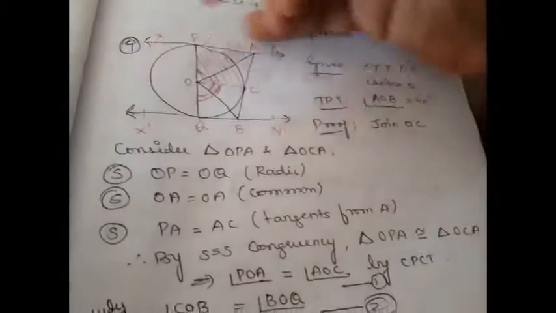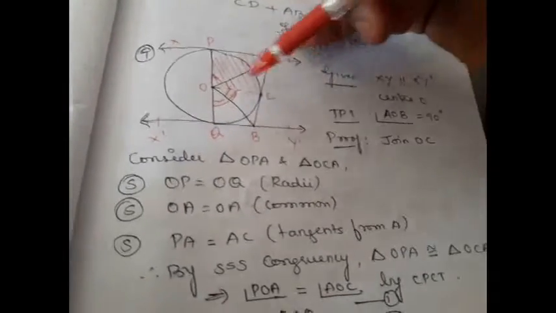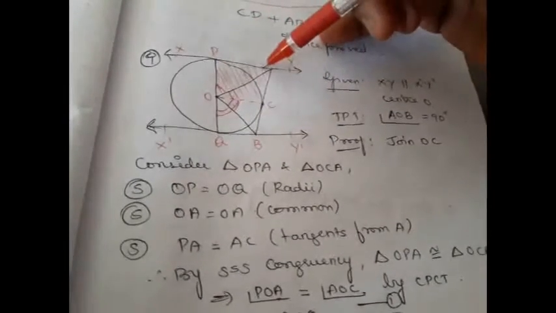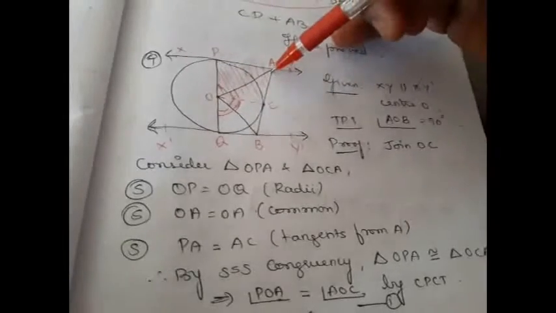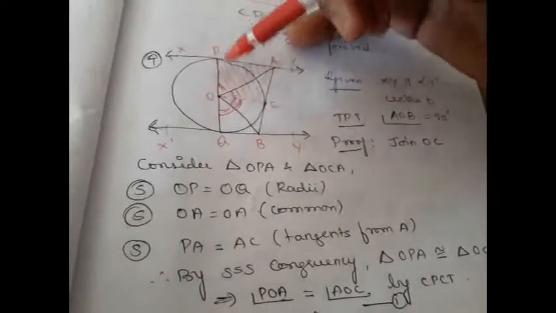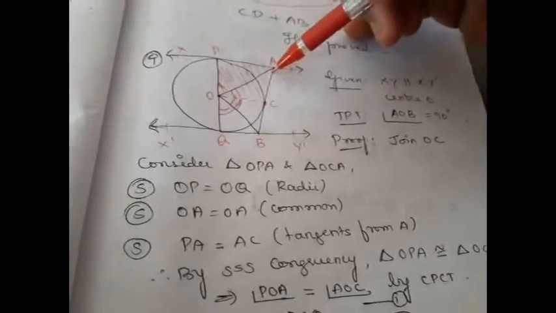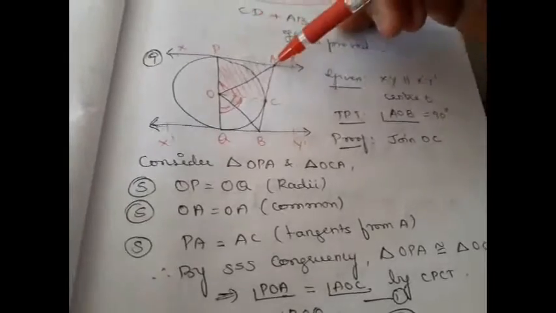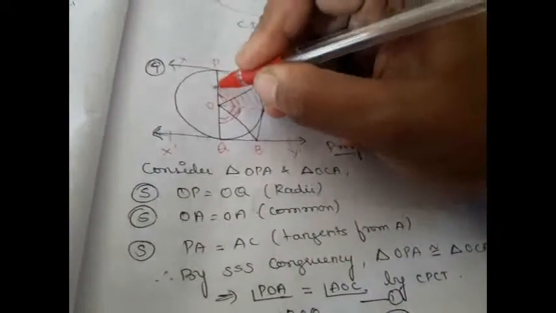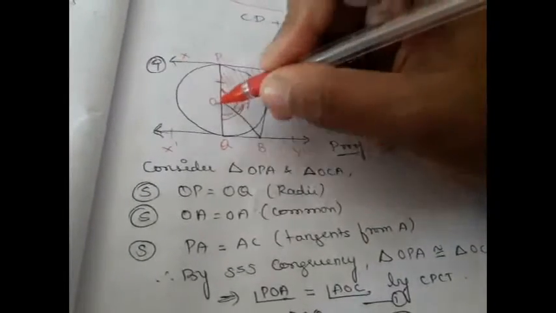As I told you, first let us prove this triangle is congruent to this triangle. So consider OPA and OCA. What do you see here? OP is equal to OC because both are radii, and OA is a common side.